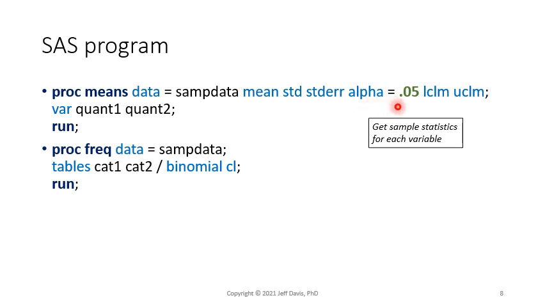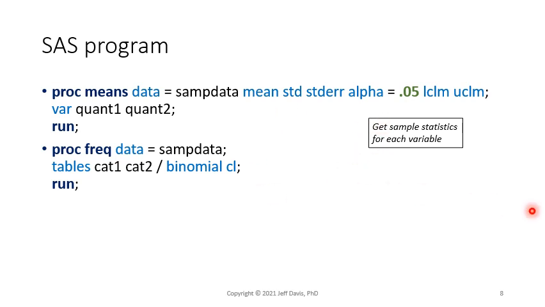For right now, just remember that alpha equal 0.05 is going to set up a 95% confidence limit for us. Whatever estimates we get from the samples, SAS is going to compute the confidence limits based on the sample data, and then say there's a 95% chance that all of the values in the sample fall between this value and that value.